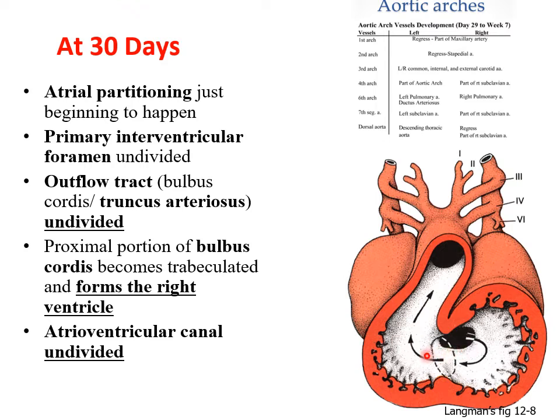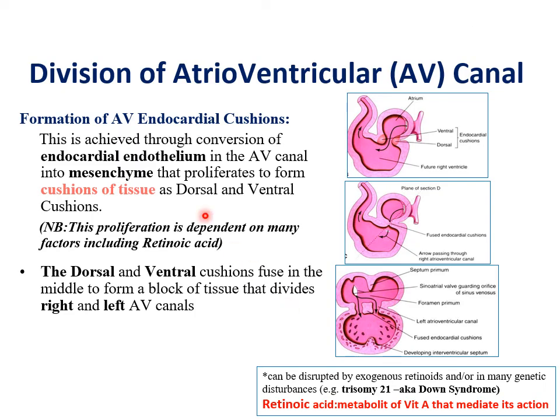The atrioventricular canal, this canal here in between, is still undivided, and by cushions developed from the endocardium, this will be closed in the coming days intrauterine. But how did the division of the atrioventricular canal happen? It starts really by the formation of what are known as atrioventricular endocardial cushions.